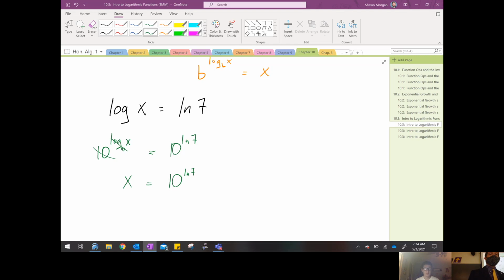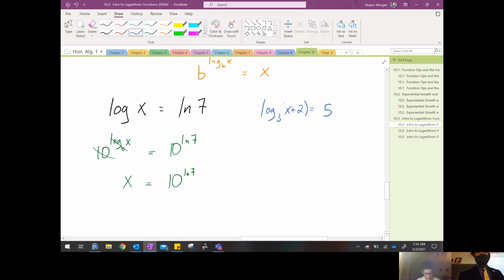Do you guys want to try one? Here, let's try this. I know you can do the can you see it approach, but I want y'all to practice using the inverse property of logarithms.